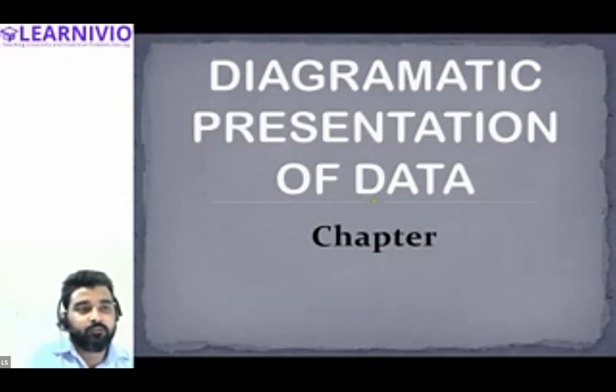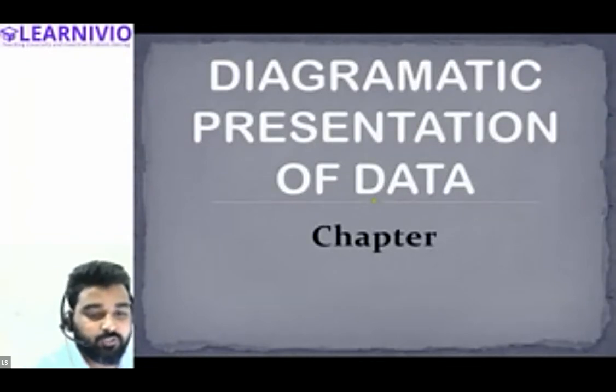In the chapter of organization of data, we discussed how the data can be organized in different types of series. Now, in this chapter, we will be talking about the presentation of data. The data that the investigator collects by applying various methods, that is census or sampling, he will now present in diagrammatic form.